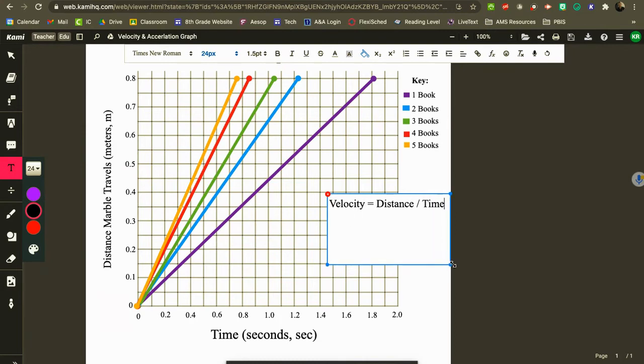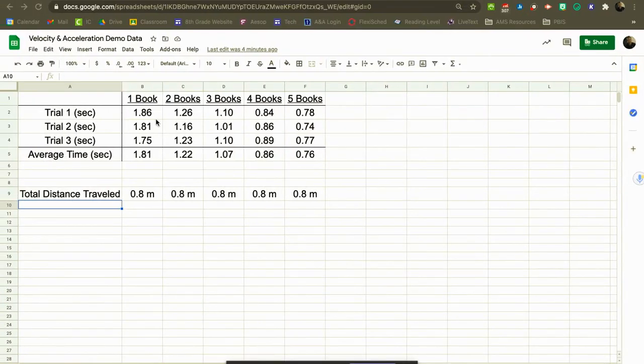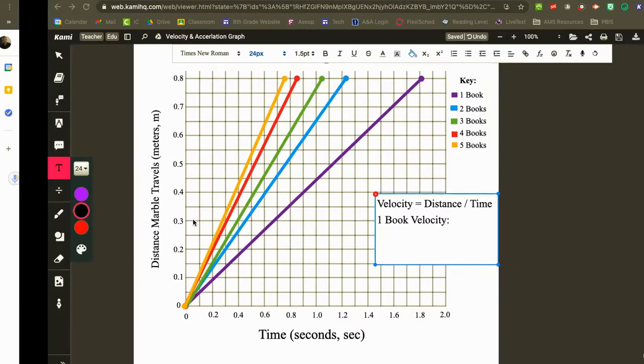And so all we pretty much have to do is just take those numbers that we had in there. So for instance, if I come back and look at the data for book number 1, or for one book, velocity is going to be, I come over here, I look at the average time, which is 1.8, and the distance, which was 0.8 meters.